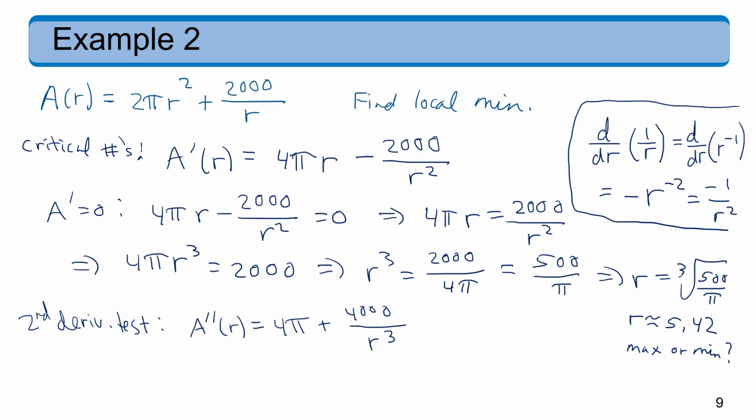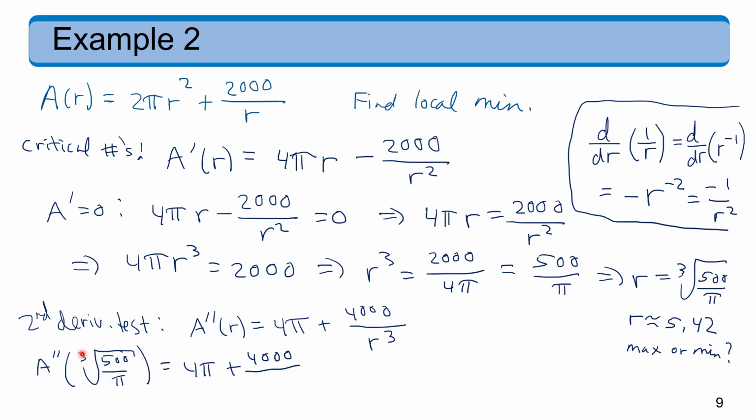Now we plug in our critical number, which is the cube root of 500 over pi. Okay, so plugging that in, we get 4 pi plus 4,000 over, now this is convenient because we're cubing this input.